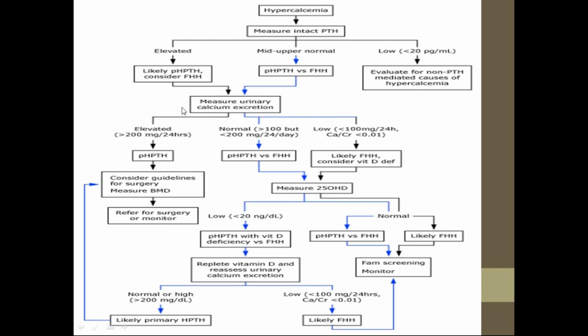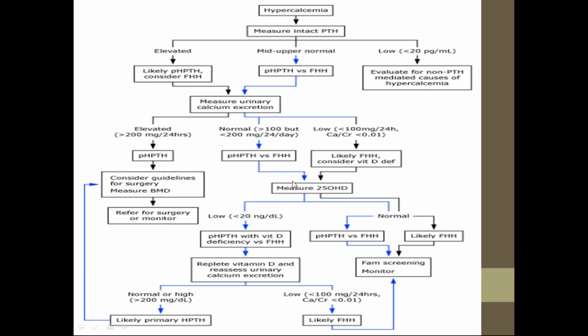If the urinary calcium is elevated, greater than 200 mg per dl, it is primary hyperparathyroidism. Consider guidelines for surgery and refer for surgery or monitoring. If the urinary calcium levels are normal, 100 to 200 mg per dl, then familial hyperparathyroidism may be considered.